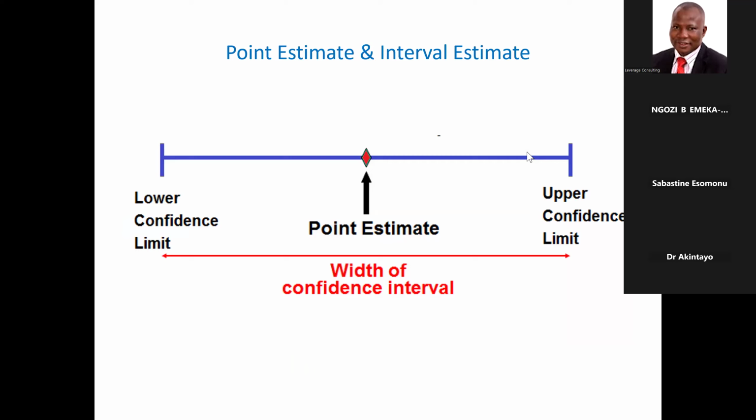So you now have the interval. You have the lower confidence limit and the upper confidence limit. Of course, the lower confidence limit will be less than the point estimate, and the upper confidence limit will be greater than the point estimate. The interval between the two limits, lower and upper, is the width of the confidence interval.